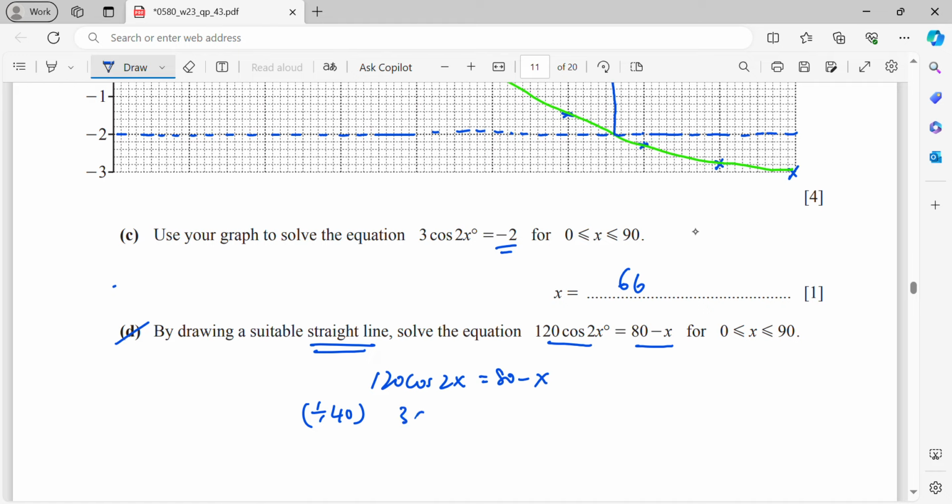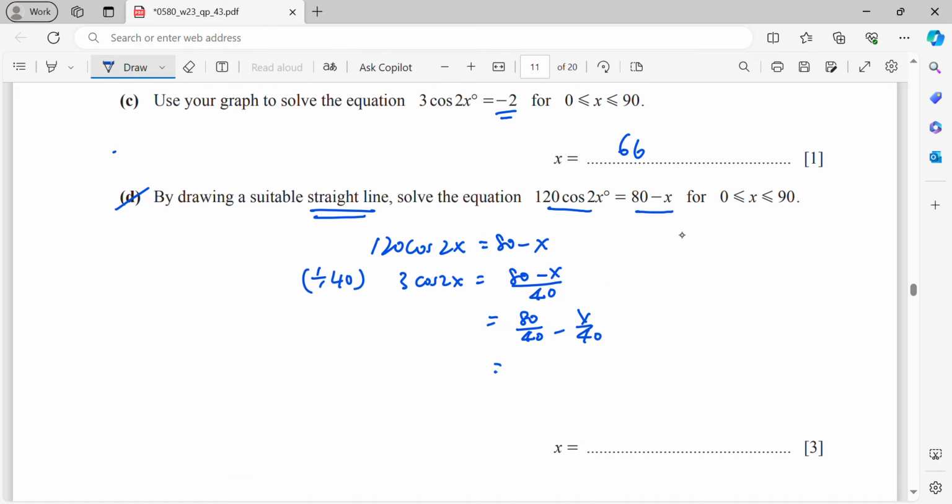So here it will be 3 cos 2x equals (80 minus x) over 40. So now you split it into two terms, 80 over 40 minus x over 40. That means it will be 2 minus x over 40. So now my y will be 2 minus x over 40.